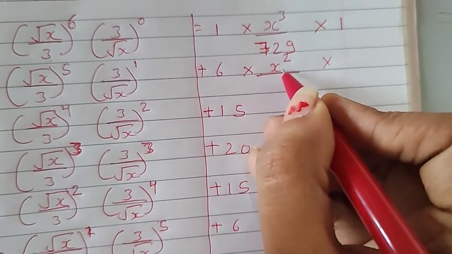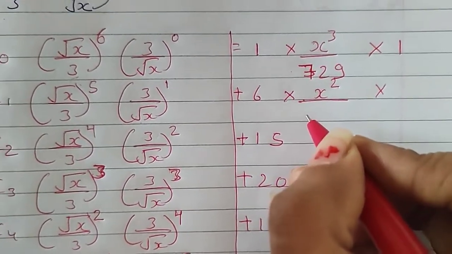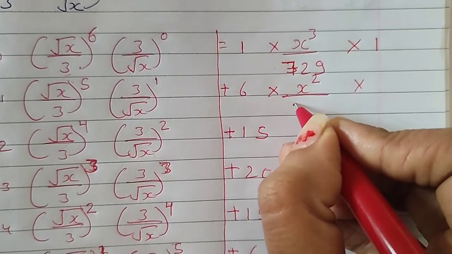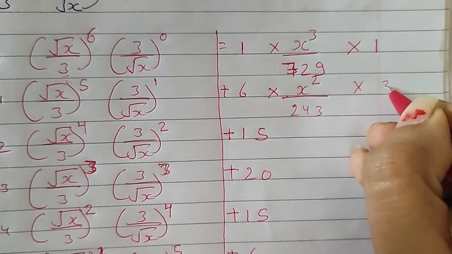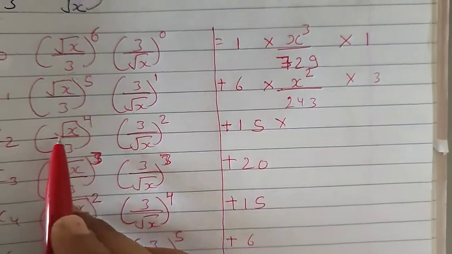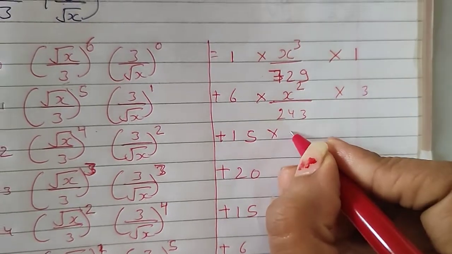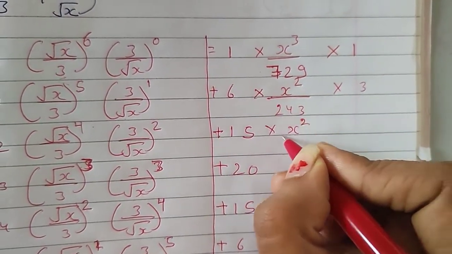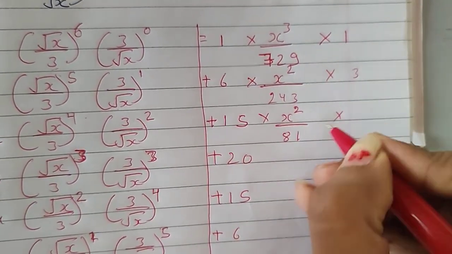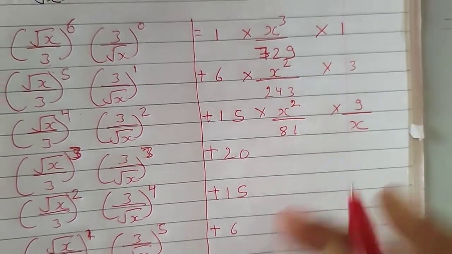So here 3 raised 5 times it will be 243, and here 3. Then root x raised to 4, that is x square, upon 81 into 3 square, that is 9, and root x square is x.